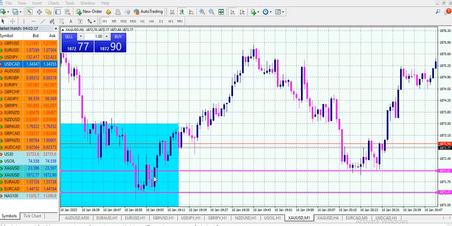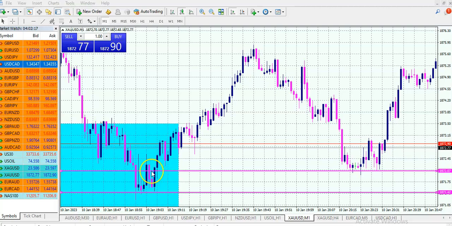Now, in the first part we've been able to analyze this particular pair, which is actually gold against United States dollar. So now this is the order block that we are trading off from.